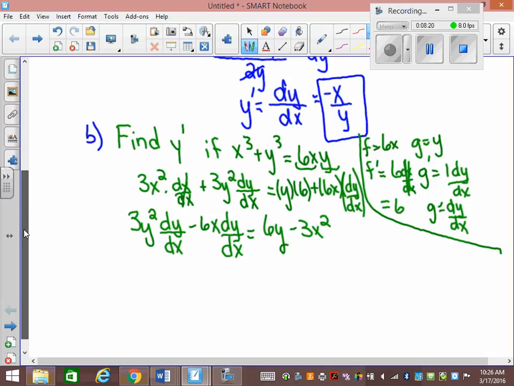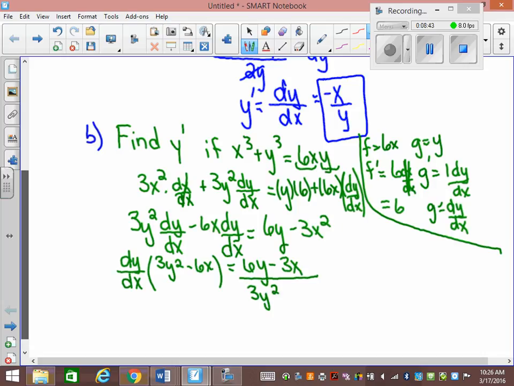Yeah, dy over dx. Now I can GCF out a dy over dx. So I have dy over dx times 3y squared minus 6x equals 6y minus 3x squared. And then I just divide that over to get dy dx by itself.